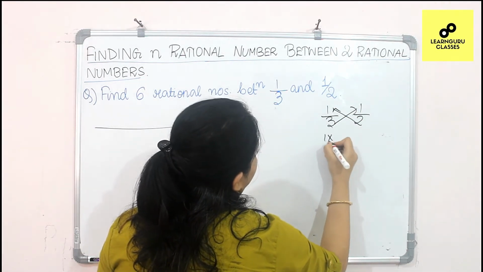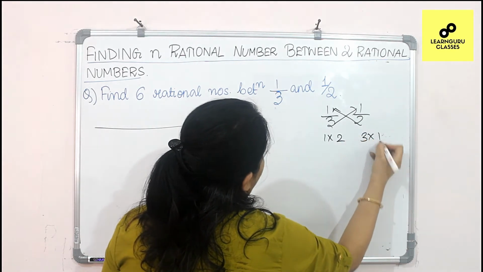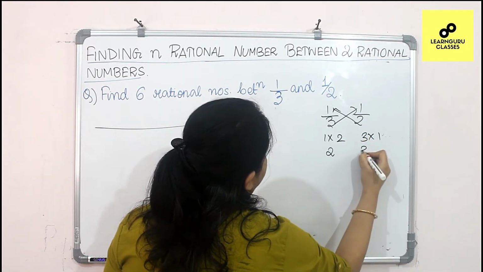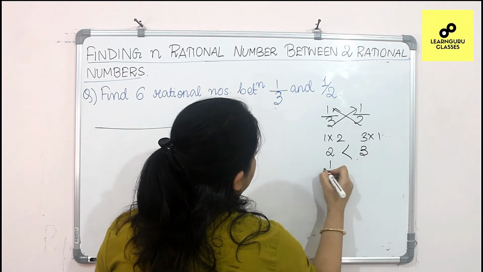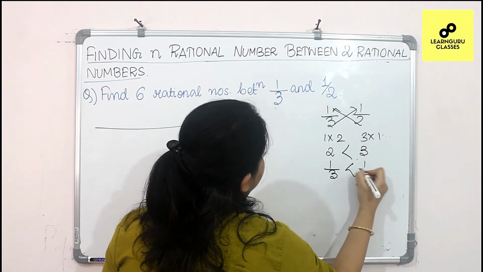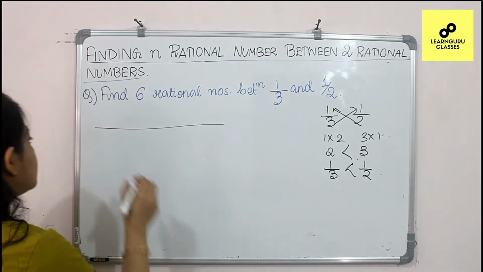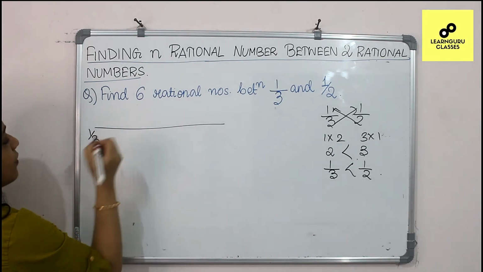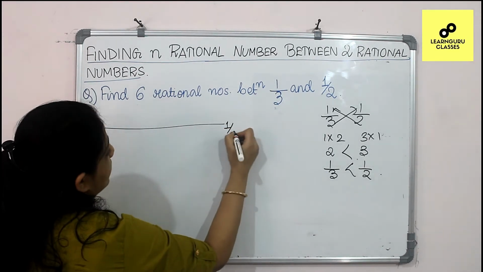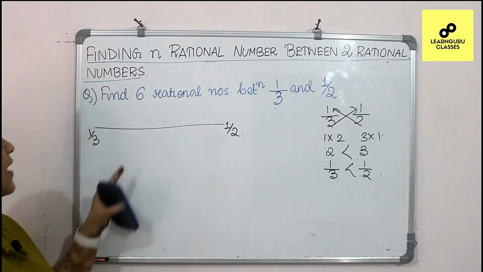So 1 into 2 and 3 into 1. So this is 2, 3. So 2 is less than 3. So we can say 1 by 3 is less than 1 by 2. So 1 by 3 we will be placing on the left hand side and 1 by 2 we will be placing on the right hand side.